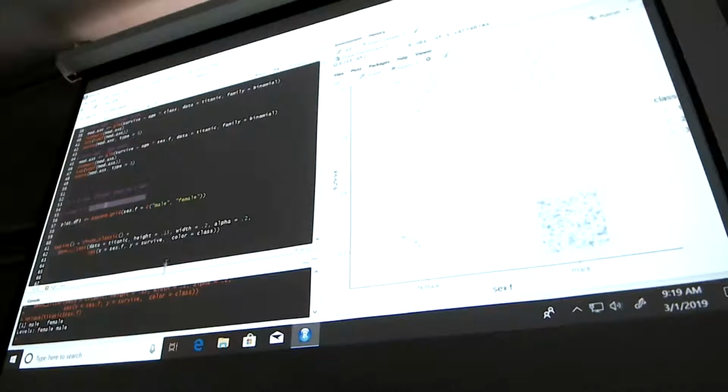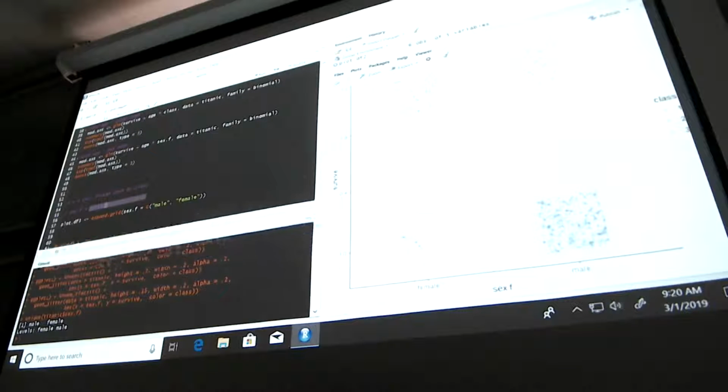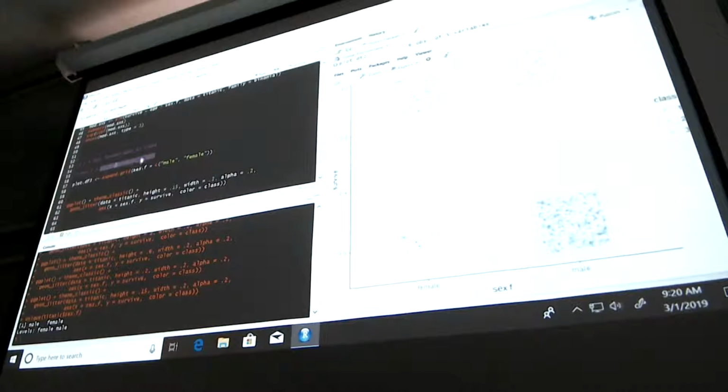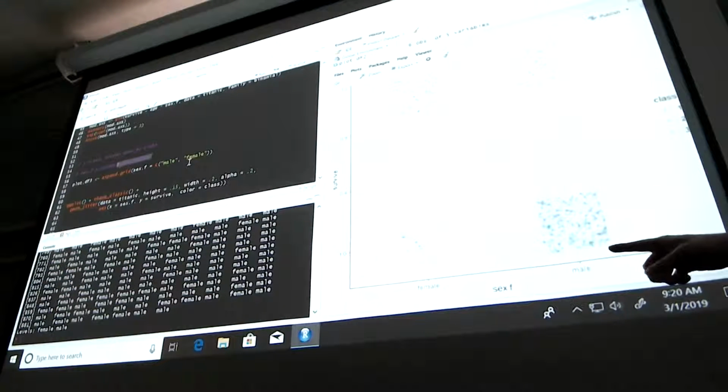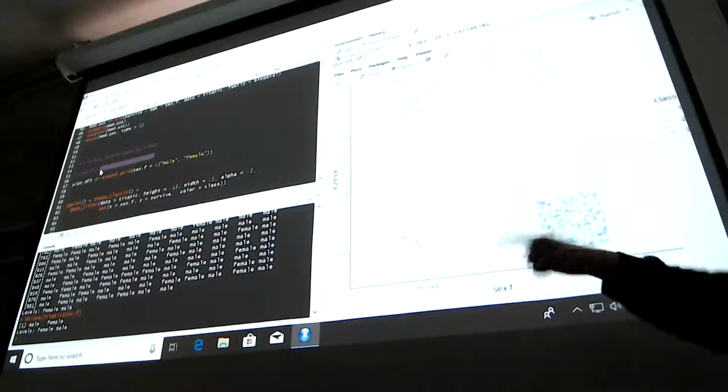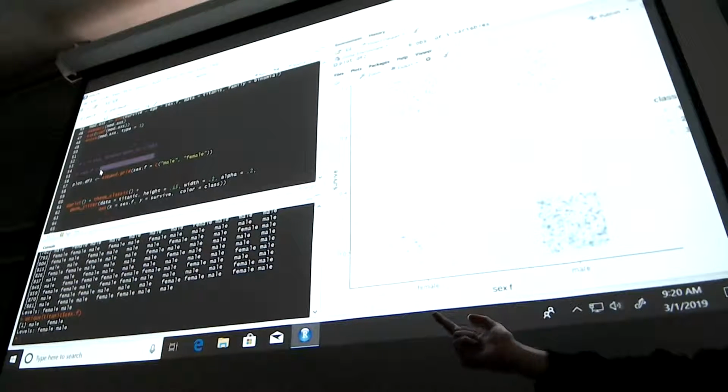So if I said sex.f equals Titanic sex.f, if you run just Titanic sex.f, it puts out 800 values of things. But when you say unique Titanic sex.f, then it will only output 1 of each unique value in that thing.